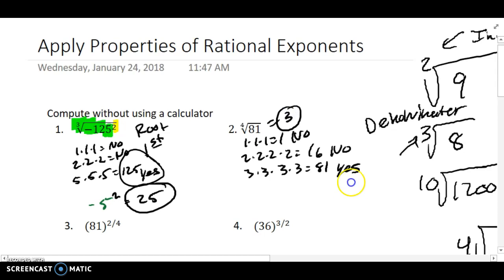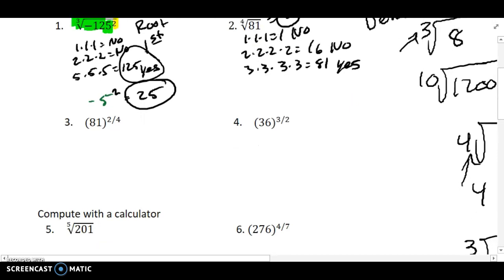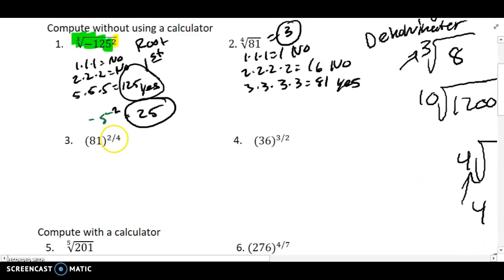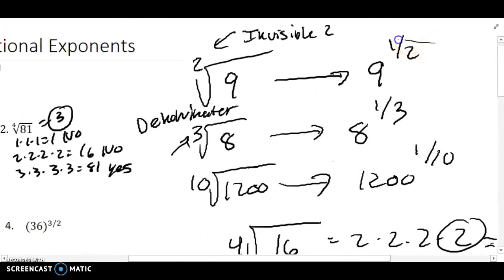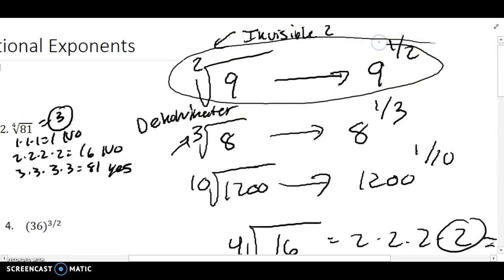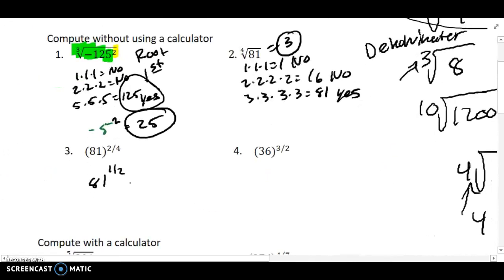Next, 81 to the 2/4 power. Again, we can reduce this fraction, so let's reduce it. It's 1/2. Remember that a half power is a square root. So this is just the square root of 81, which is 9.